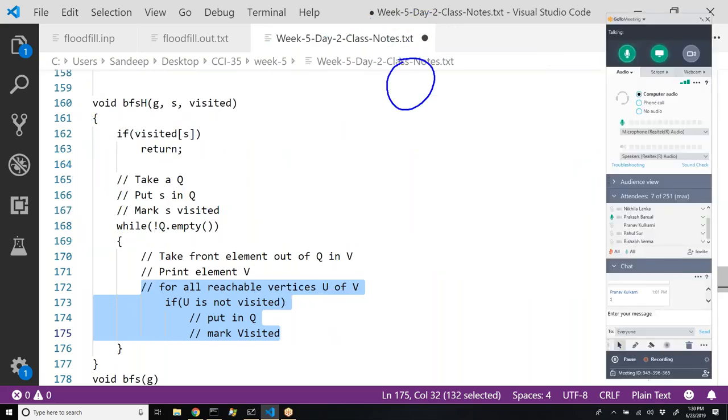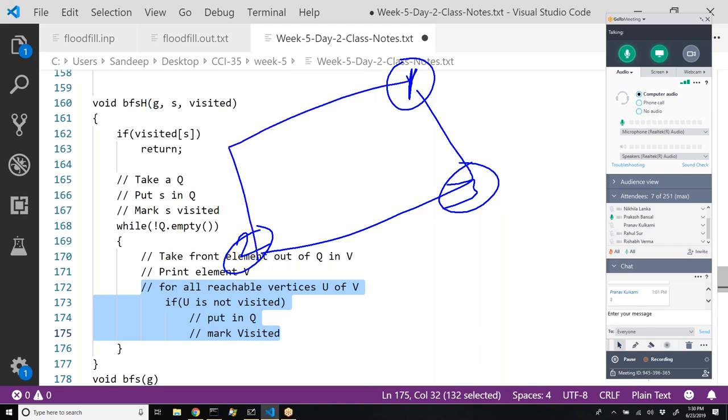Even though it's not connected, there is a possibility there are three vertices and you do DFS of 3. Best case is this, no recursive call. You just make a loop, you call mark visited, print, come out. For this graph, just the length of this path, right?